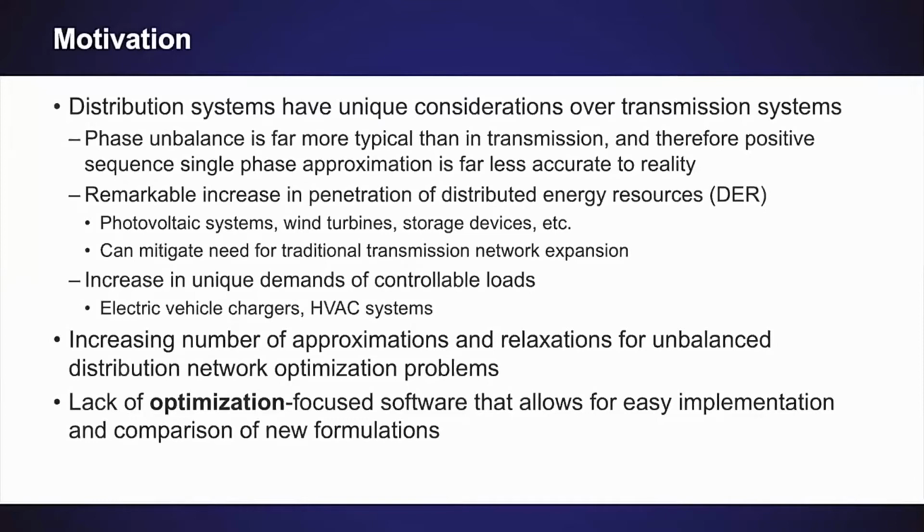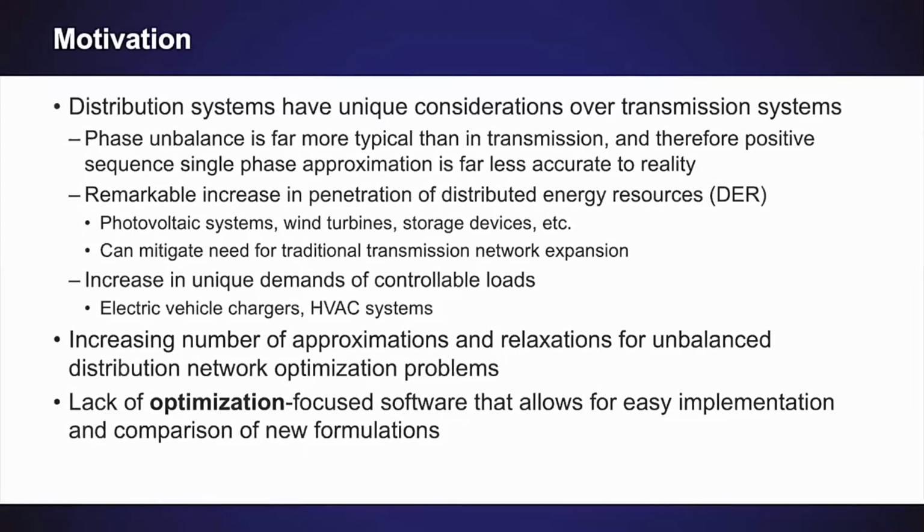Also, there's been a remarkable increase in the penetration of distributed energy resources such as solar, wind, and batteries on distribution grids, which when connected back to the transmission system can mitigate the need for traditional transmission network expansion. There are also unique demands of controllable loads such as electric vehicle chargers and HVAC systems.